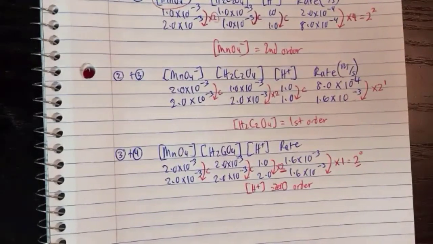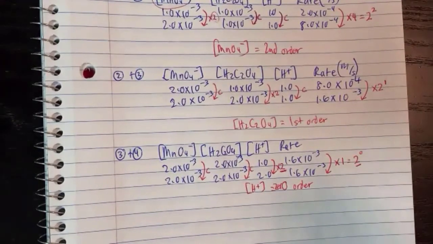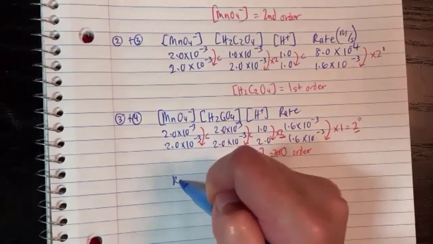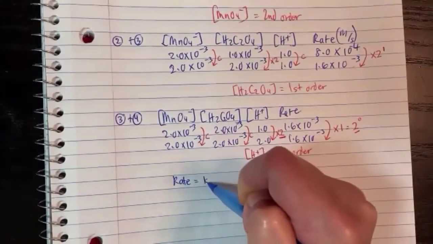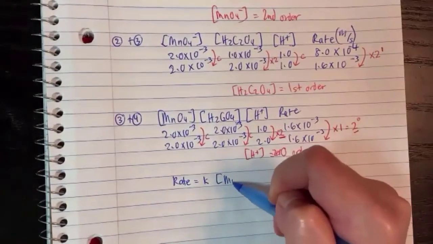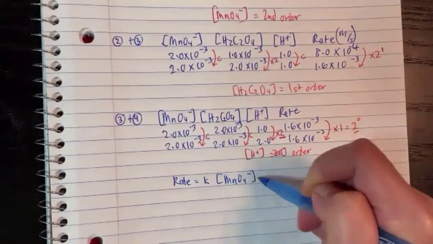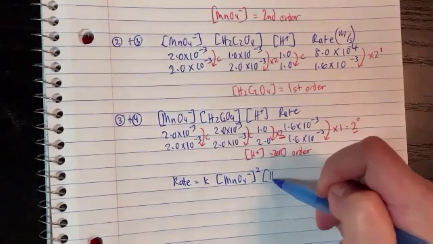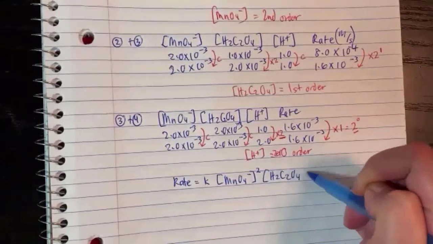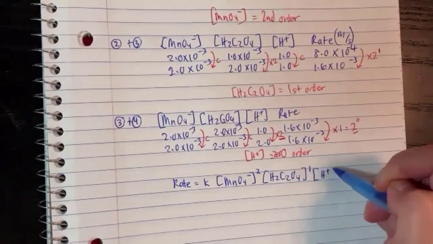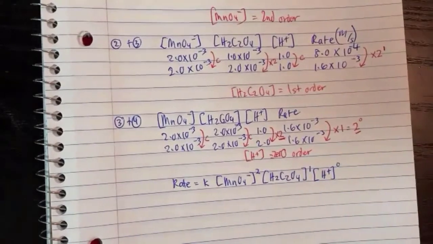All right, so now that you have the orders, what you do is put them together and you can write a rate law. So we got 3 reactants, rate equals K, the rate constant, times my first reactant, MnO4 negative, to the power of 2 because I knew it was second order. And then you can write H2C2O4 to the power of 1, first order, and then H plus to the power of 0.